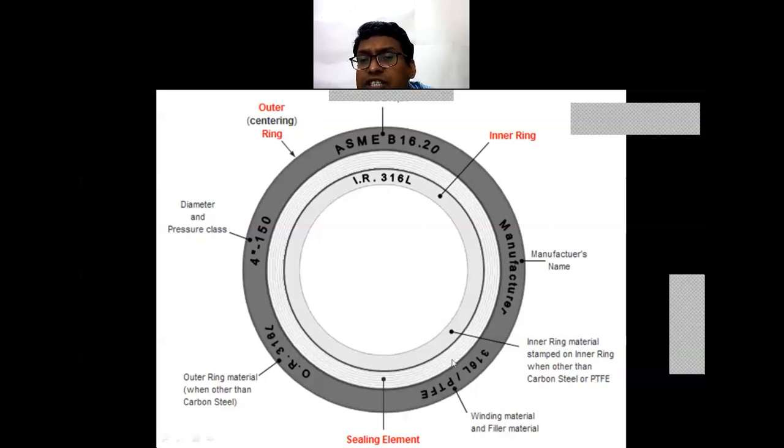In between the stainless steel rings, the spiral rings, the PTFE material or the asbestos material or the rubber cork material can be used, depending on its temperature and its application.